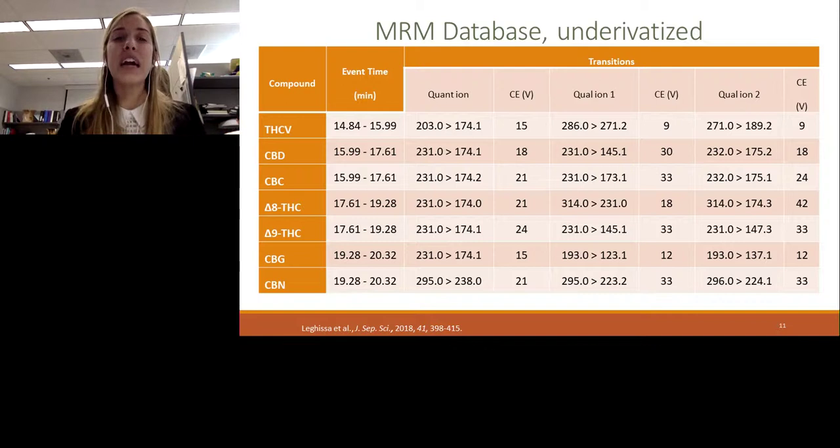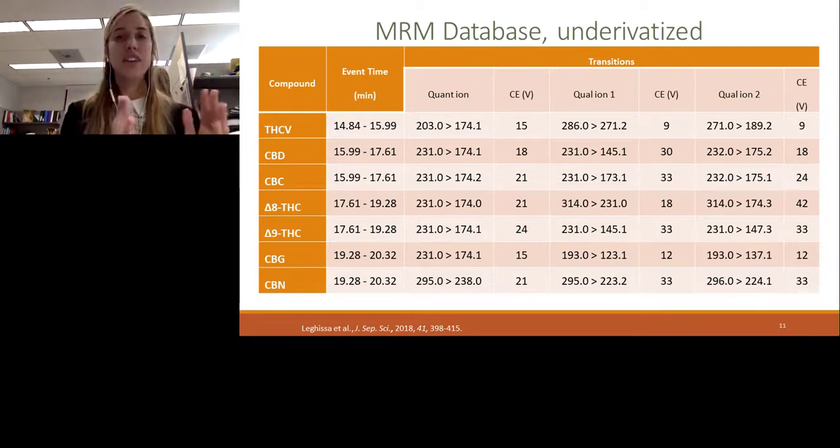But as you can see, we talked earlier about the first ion that is formed in the electron ionization, in the electron impact source. And that is going to be in, for instance, the first column called the quant ion. It's going to be the first number on the left, for instance 203, 231, and 31, and at the end, 295.